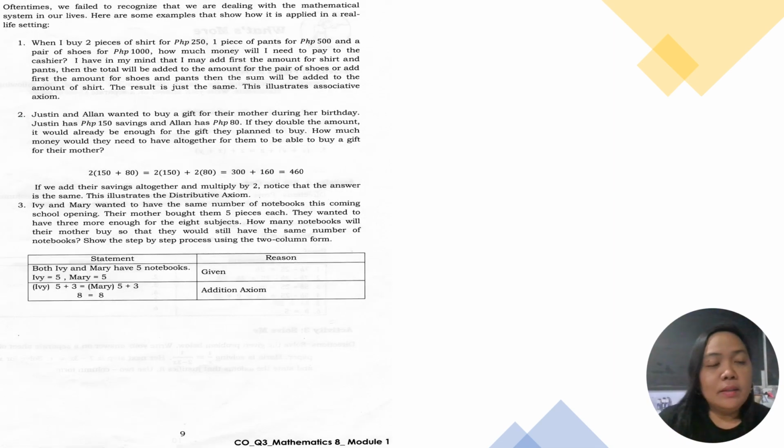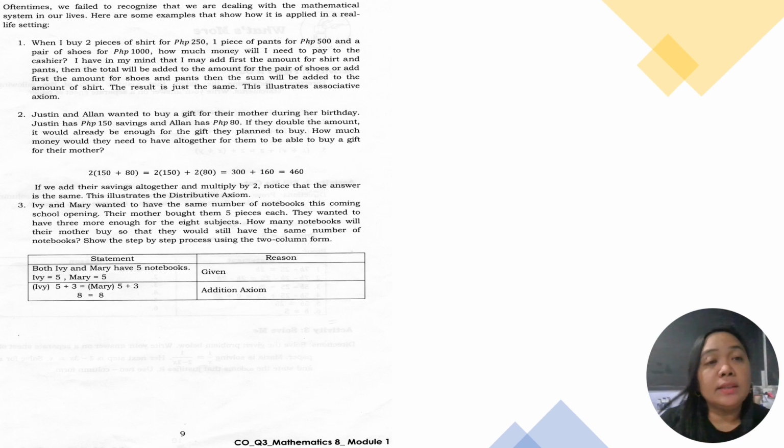And now, oftentimes, we fail to recognize that we are dealing with mathematical system in our day-to-day existence. Here are some examples that show us how mathematical system is applied in a real-life situation.